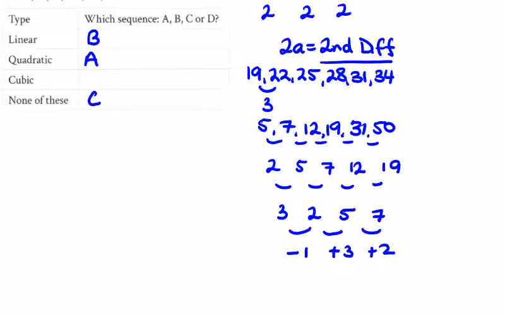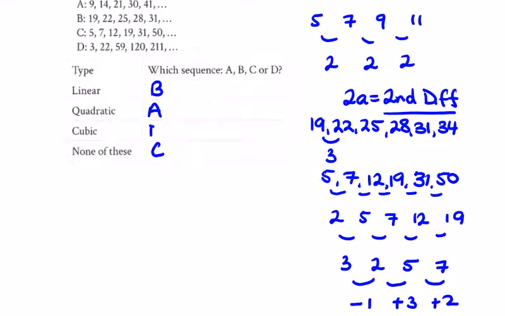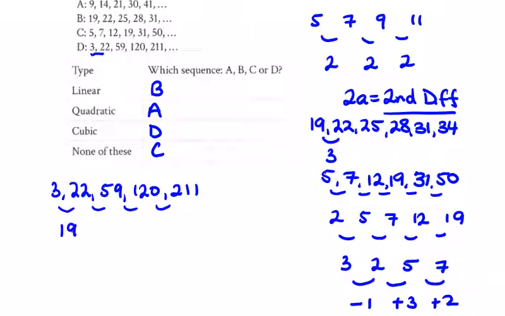For C, so D must be cubic. Let's double check that the third difference is the same. 3, 22, 59, 120 and 211. So my differences are 19, 37, 120 minus 59 is 61, and 211 minus 120 is 91.